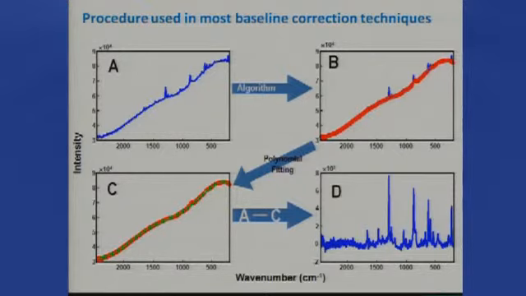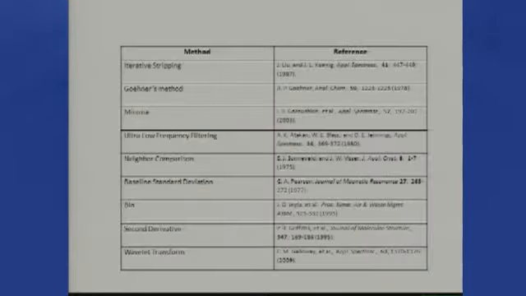Some are manual, and the manual ones are fine, except they're manual, and it requires a certain level of operator bias to select the right points that you select as baselines. But there have been a number of automated methods which have been described, and Husheng Yang, who's in the audience back there, has got together a number of these.